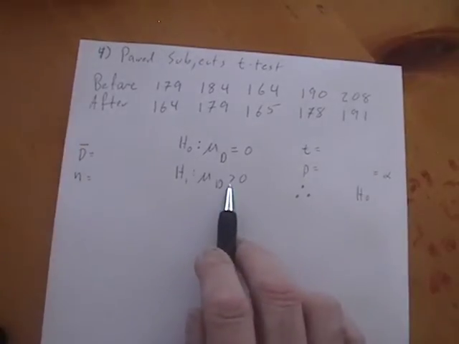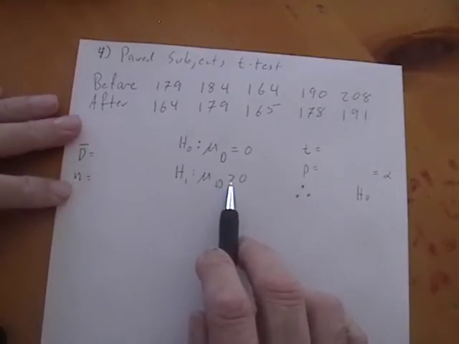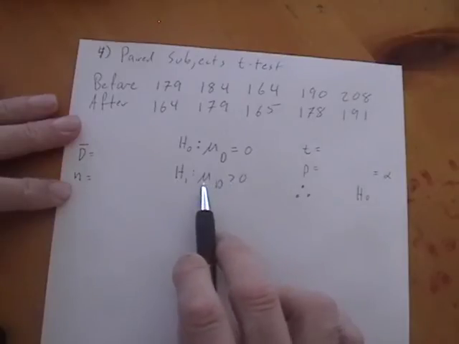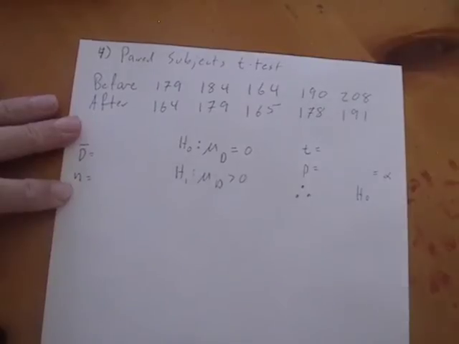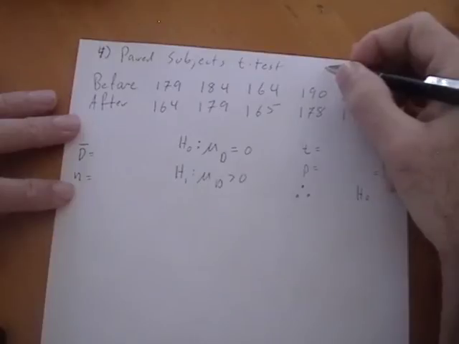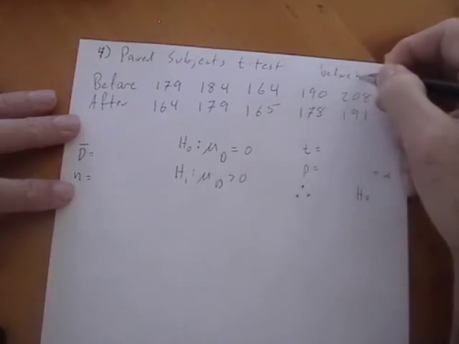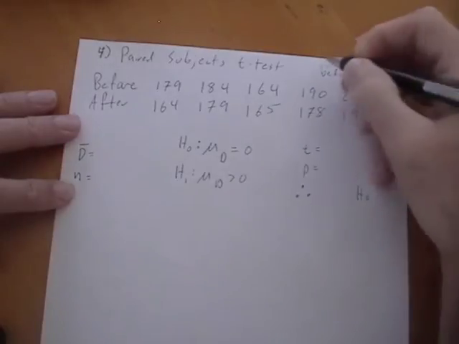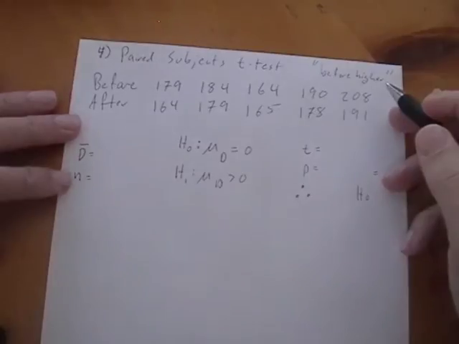You'll also notice that I've already filled in greater than, because unlike the book, I think that this is the easier way of doing it. I always assume a positive difference. Now, you might say that you expect the before scores to be higher. Some scores you want to rise, some scores you want to drop.